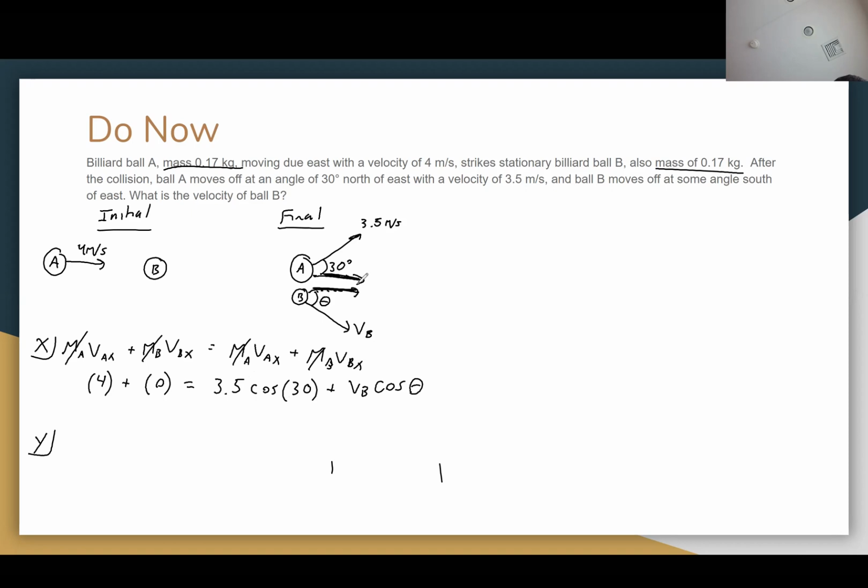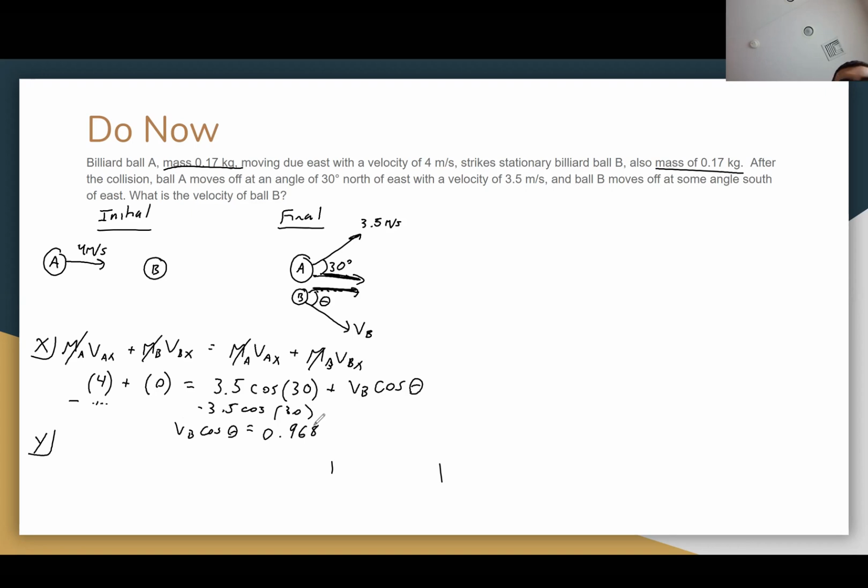So I subtract out 3.5 times cosine of 30 from both sides, and we get that VB times the cosine of theta is equal to 0.968. So we have one equation and two unknowns.